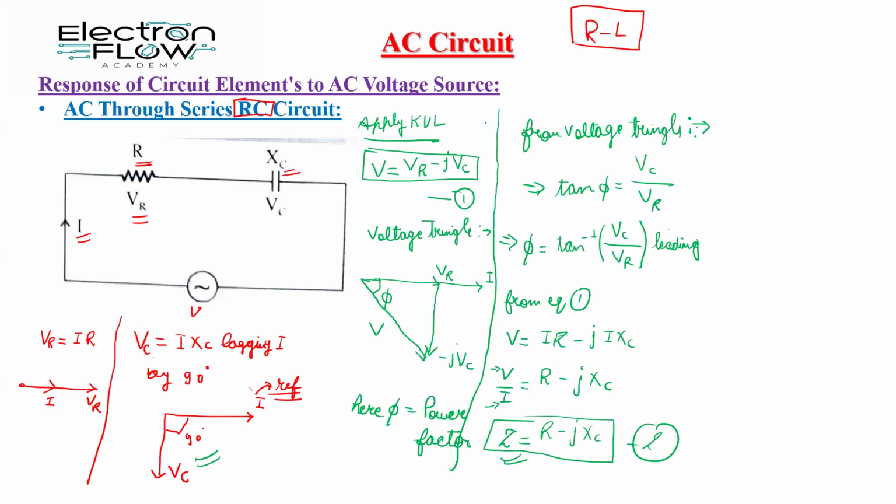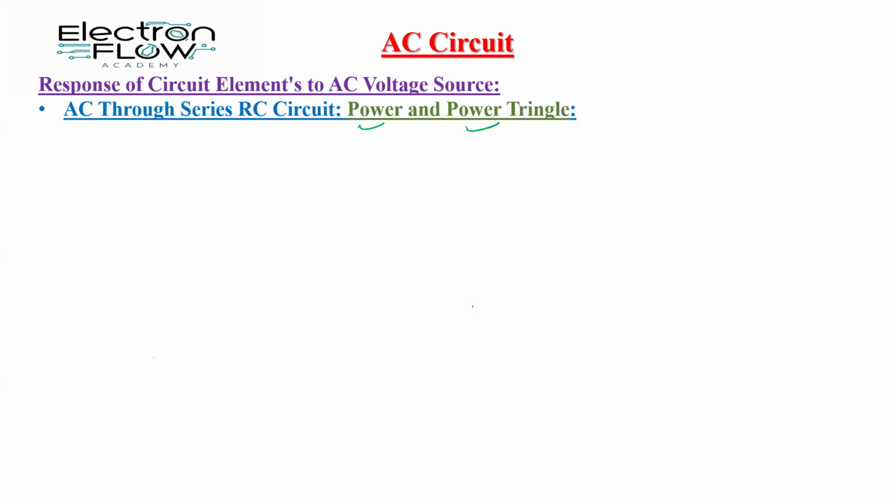So therefore, if we take the voltage V as a reference, we may write V is equal to Vm sin omega t, and the current is equal to Im sin(omega t plus phi).